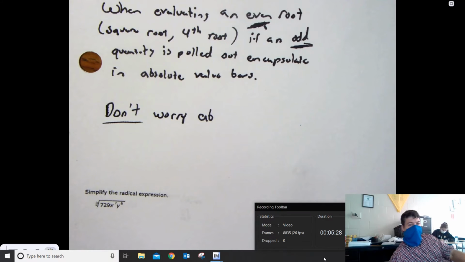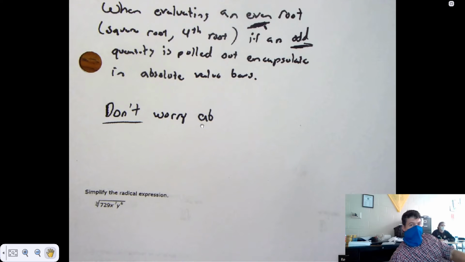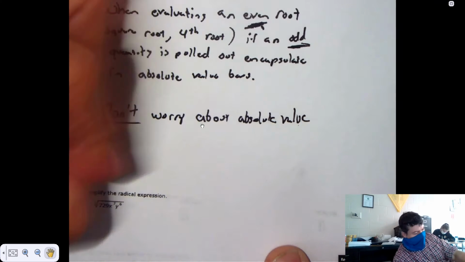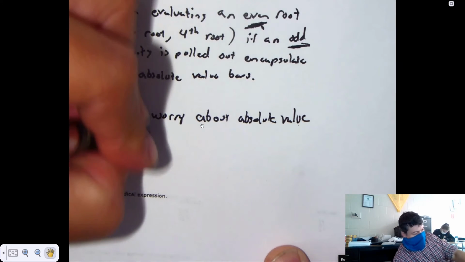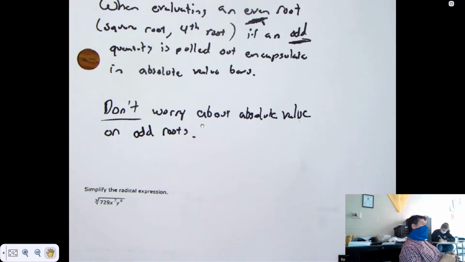Don't worry about absolute value on odd roots. You don't have to worry about that because the cube root of a negative is negative. Cube roots allow that negativity. Even roots really do not.